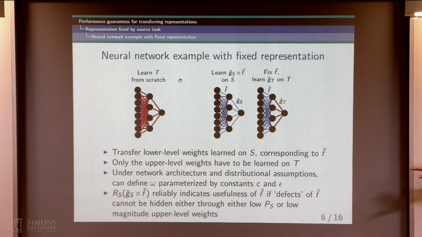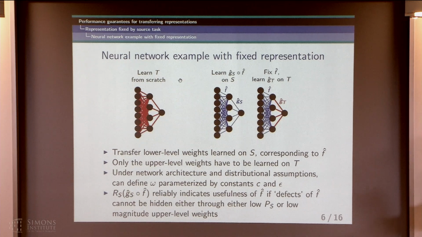And I guess the key intuition here is we want the source task risk to reliably indicate the usefulness of the representation little f hat that we learned. So what we don't want is we learn some weights on the source task, and then somehow the badness of those weights with respect to the target task is hidden from the source task error.